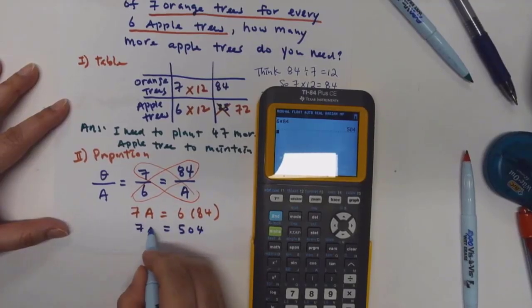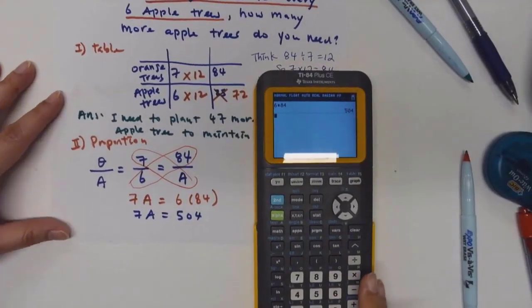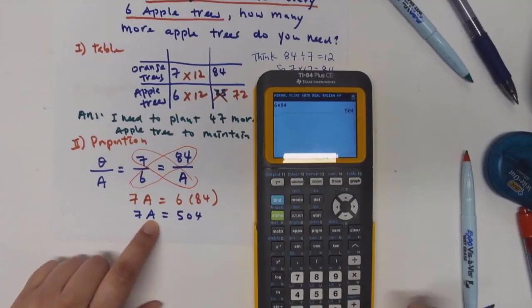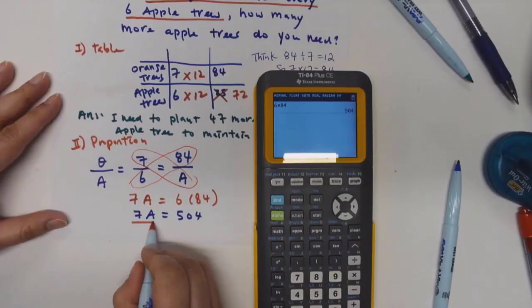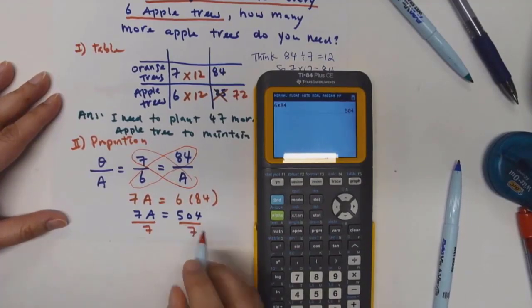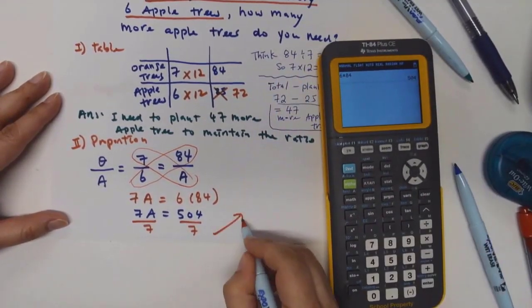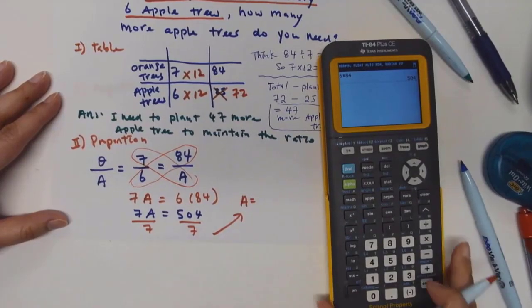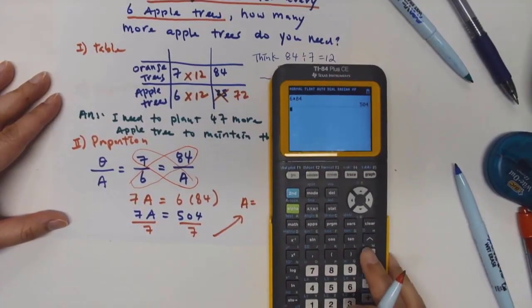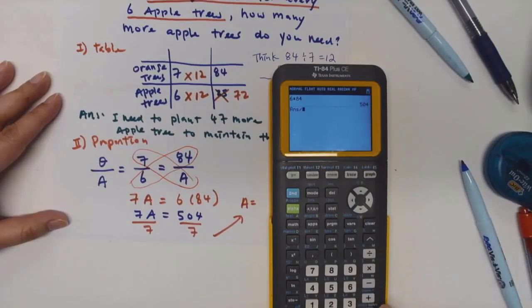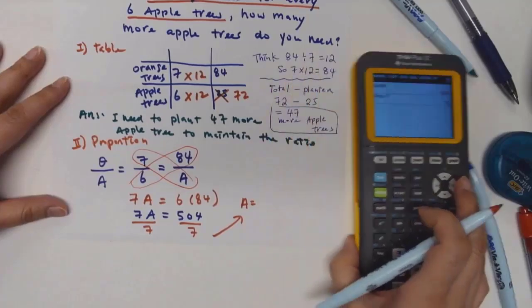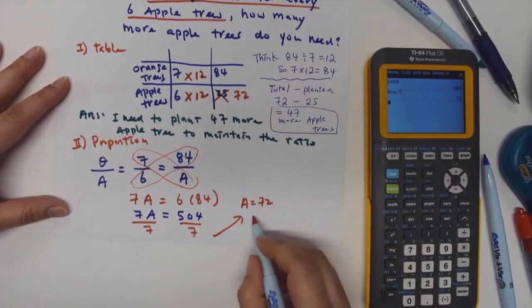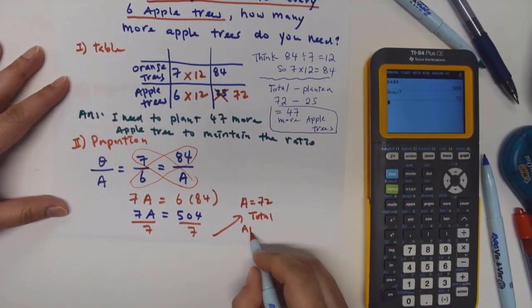And this is 7a, right? And I'm solving for a, and 7 is multiplying a. I need to do the opposite, which would be division for both sides. So after that, I should be able to solve a equals 504 divided by 7, which is 72 total apple trees.